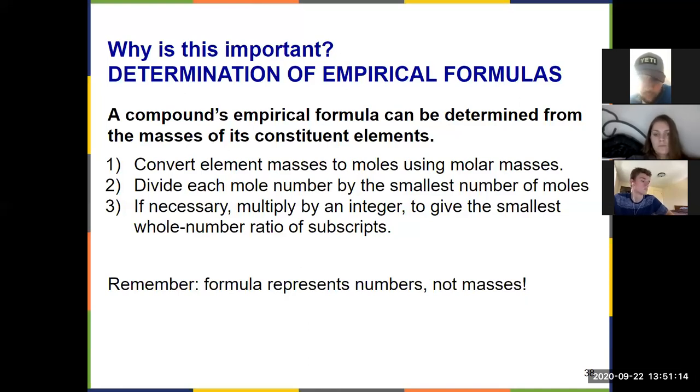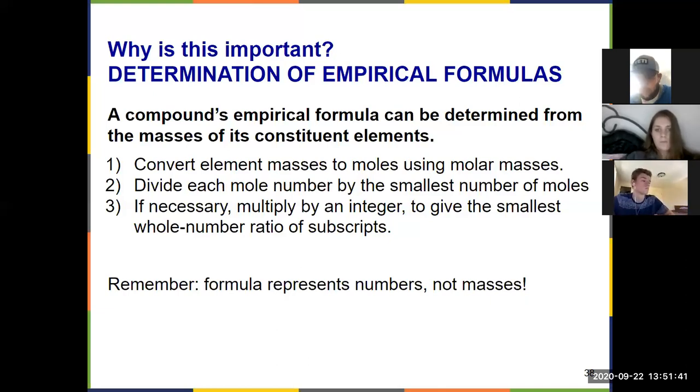So if we ended up with something being like 2.5, for example, then we would multiply everything by 2 to make everything a whole number. Because these are relative numbers, not masses. So know those steps. Have a star here next to slide 38. Convert masses to moles, divide by the smallest number of moles, convert to a whole number ratio if necessary.